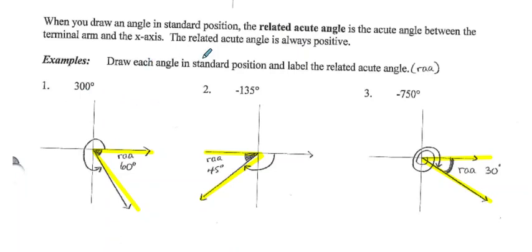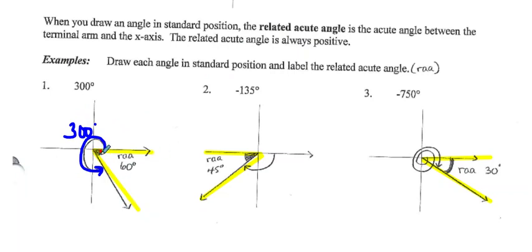Okay, so it says draw each angle in standard position and label the related acute angle. Okay, so if it's 300 degrees, then you know that's going to end up in the fourth quadrant. So you're going all the way from here to here. That's your 300-degree angle. Now, the related acute angle is the angle between the terminal arm and the x-axis.